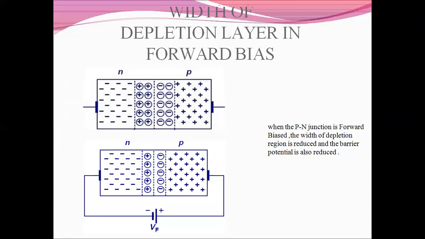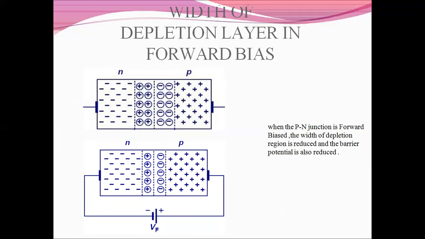The width of the depletion layer changes when you apply an electric field. When the PN junction works in forward bias, the width of the depletion region is reduced and the barrier potential is also reduced. You can see this in the second diagram. In the first diagram, no electric field is applied, but in the second you are applying forward bias.